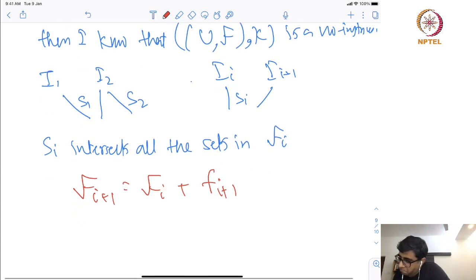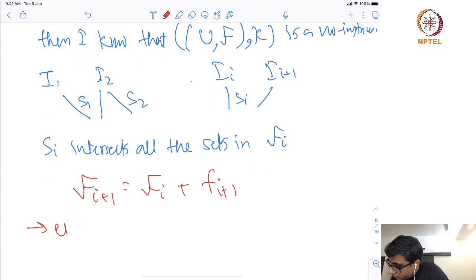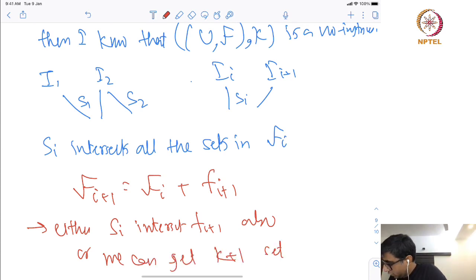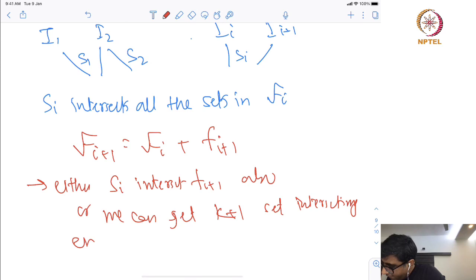So what could happen? Either Si intersects Fi plus 1 also, or we can get a K plus 1 size set intersecting every set in Fi plus 1.